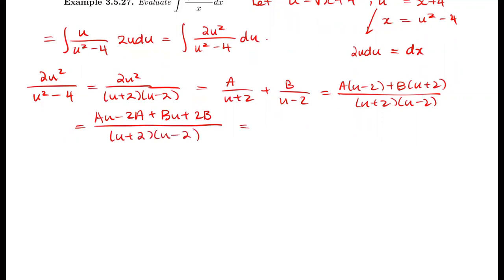So we would have a plus b times u, and then plus minus 2a plus 2b, all this divided by u plus 2, u minus 2.